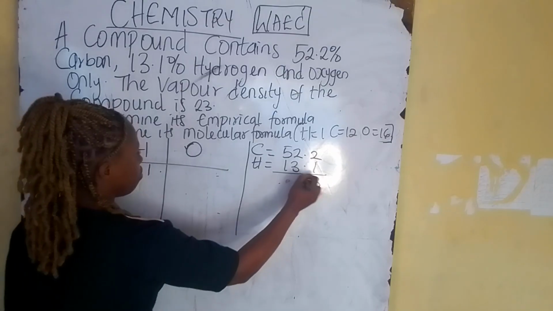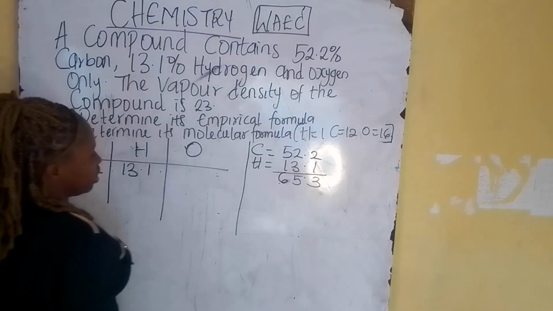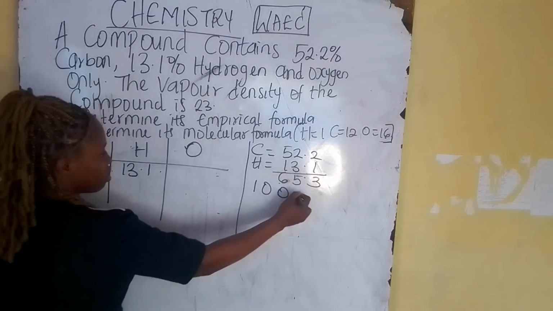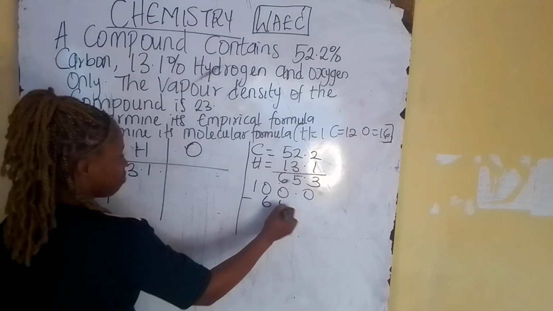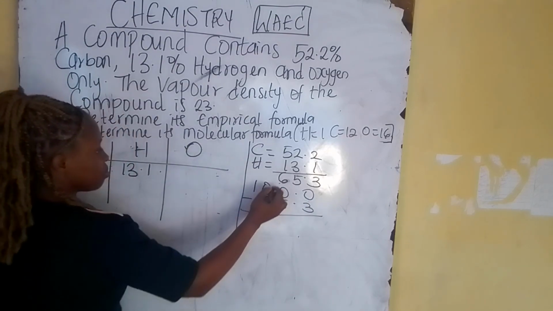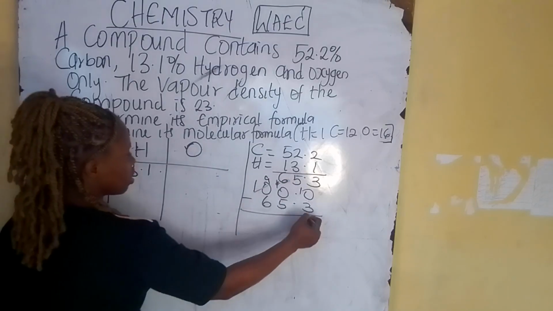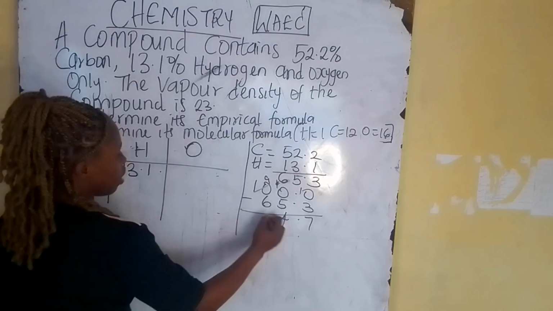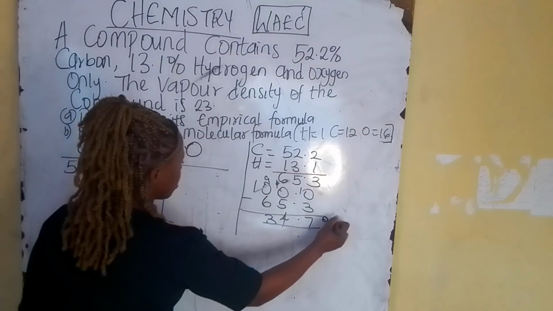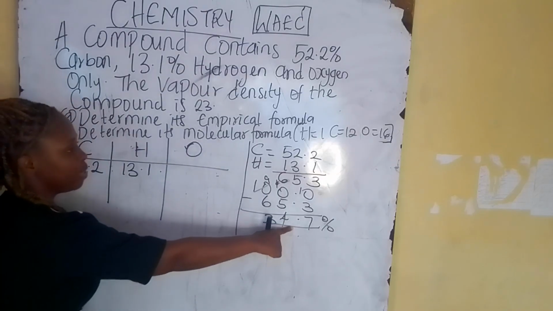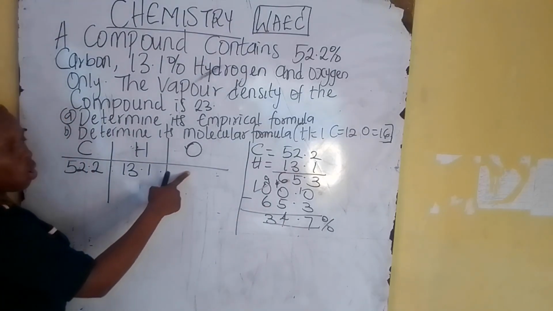So we are going to have 65.3. So 100 minus 65.3, you have 34.7%. So this value remaining will be the percentage for oxygen.